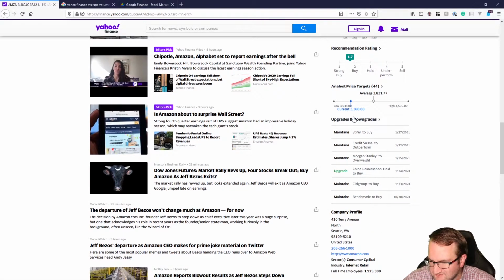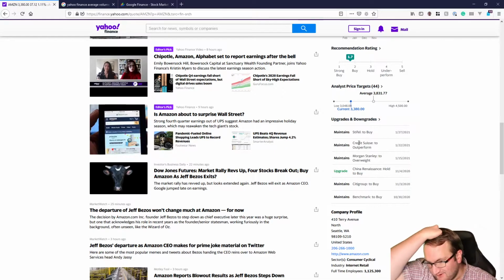And upgrades and downgrades. So analysts will, from these different companies here, Credit Suisse and Morgan Stanley, Citigroup, these are analysts, and they follow the stock, and they generally make upgrades or downgrades for what they're targeting the stock at.